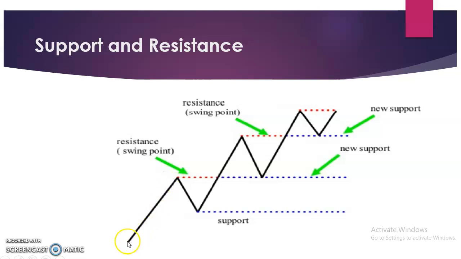Now you see where this price started from, where price began to push upward. This particular point here is what you call support. When price got up to this particular point and it began to move down, the price at which it got to and began to move down, this particular place is what is called resistance.